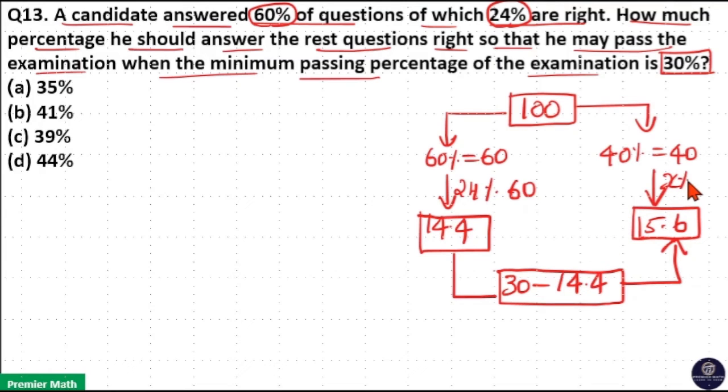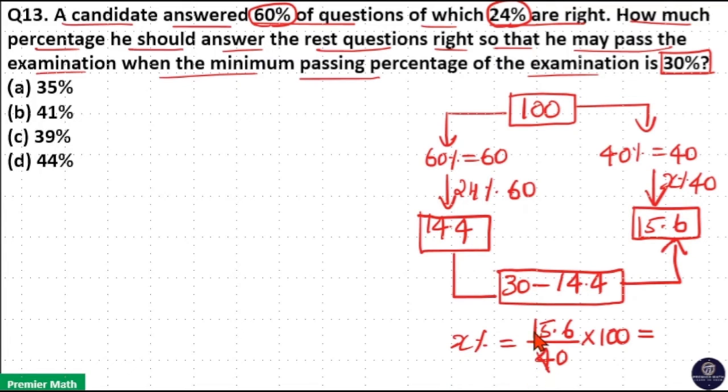So X percentage of 40 is equal to 15.6. So we need to find the X percentage here. He should correct 15.6 questions out of this 40 questions in order to get total 30% mark in this examination.